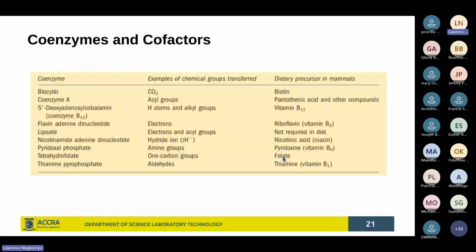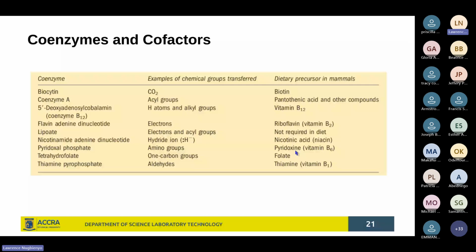We also see pyridoxine in the form of pyridoxal phosphate, and you see that also in the metabolism pathway of proteins. So we'll see pyridoxal phosphate involved in the process of transamination. That is the transfer of amino groups from one molecule to the other.